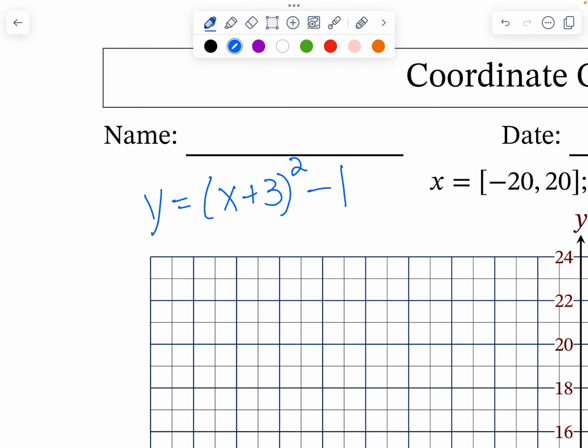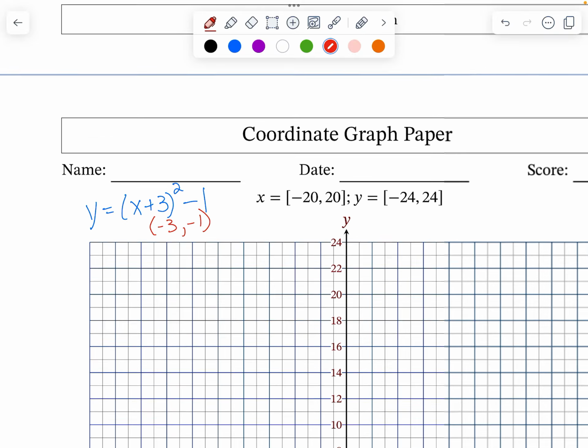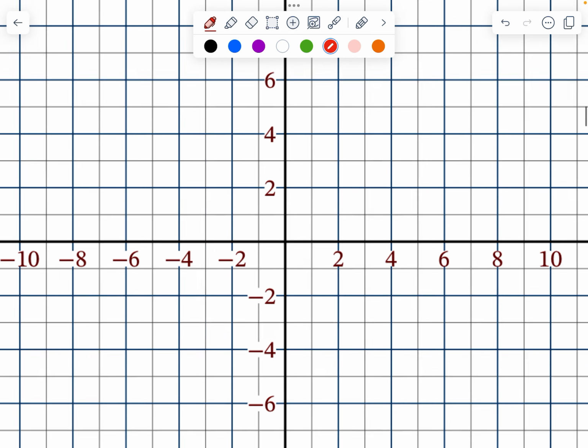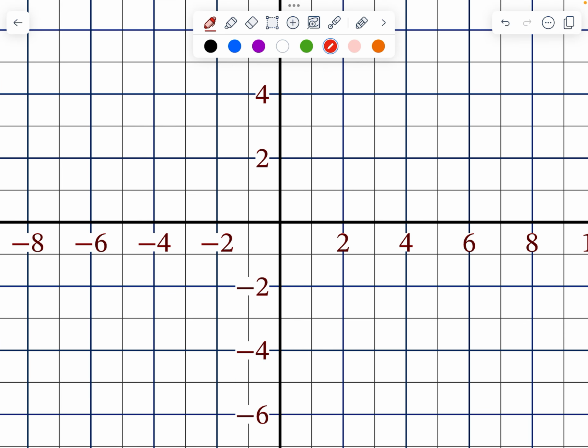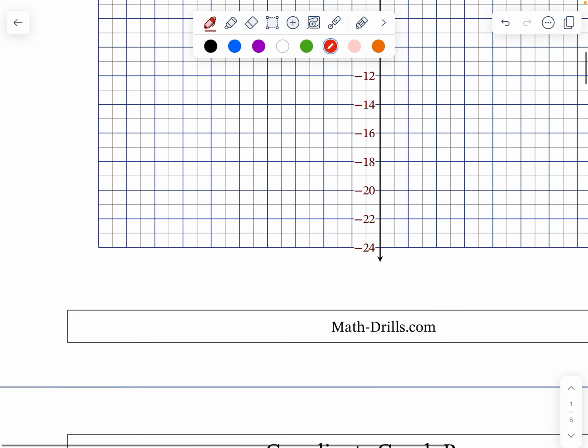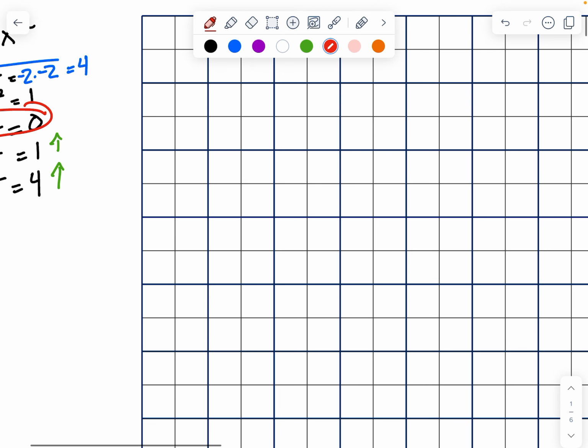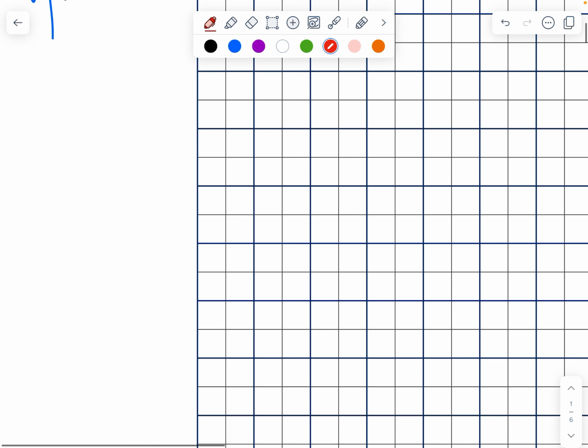So my vertex, and I'm going to do it in red, is at negative 3, negative 1. Right there. And then I'm just going to follow the pattern, and I'm going to write it in words so that you can see it.